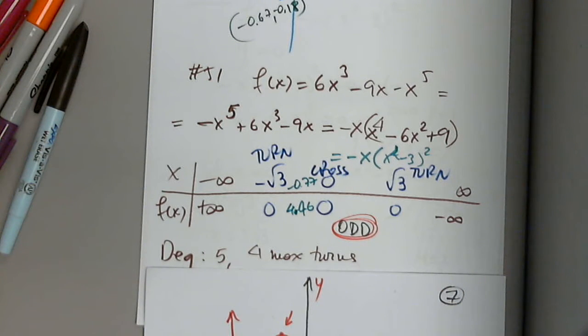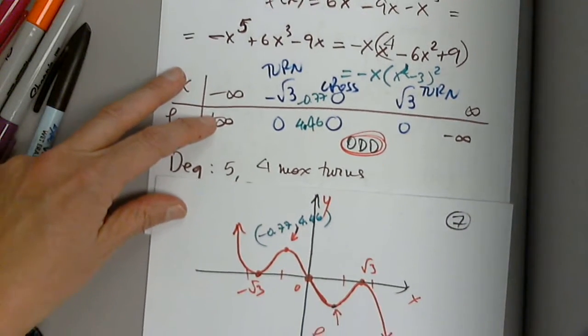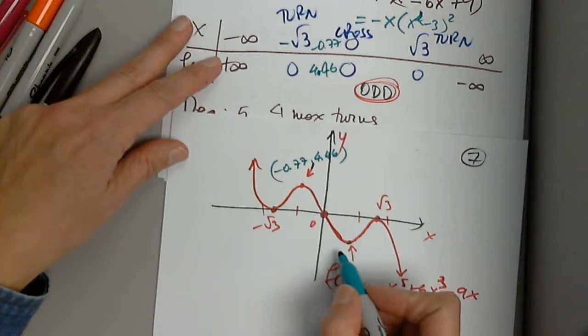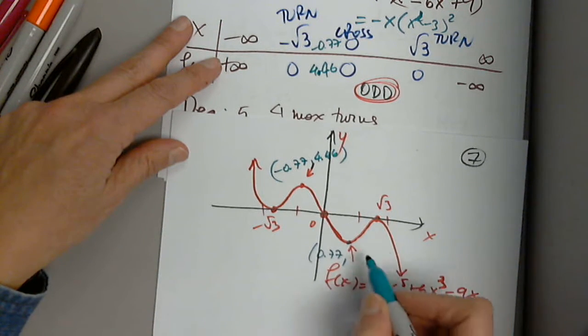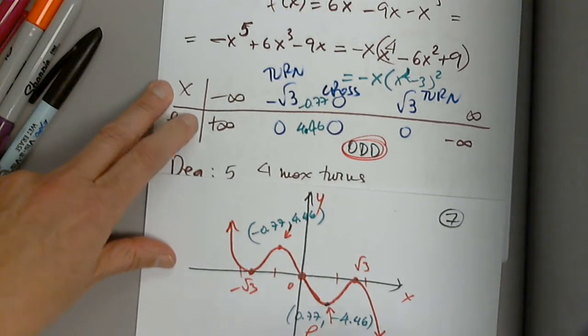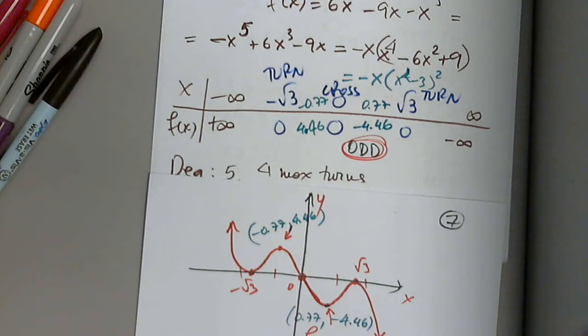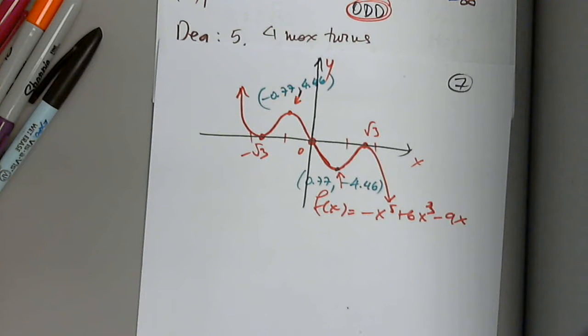Since I know that the function is odd, I refuse to determine the other one. It would be a waste of time. So if this is negative 0.77 and 4.46, can anyone give us this minimum? Absolutely. It must be 0.77, negative 4.46. That's when the symmetry comes into play and it helps us graph. It's nice when a function is symmetric.